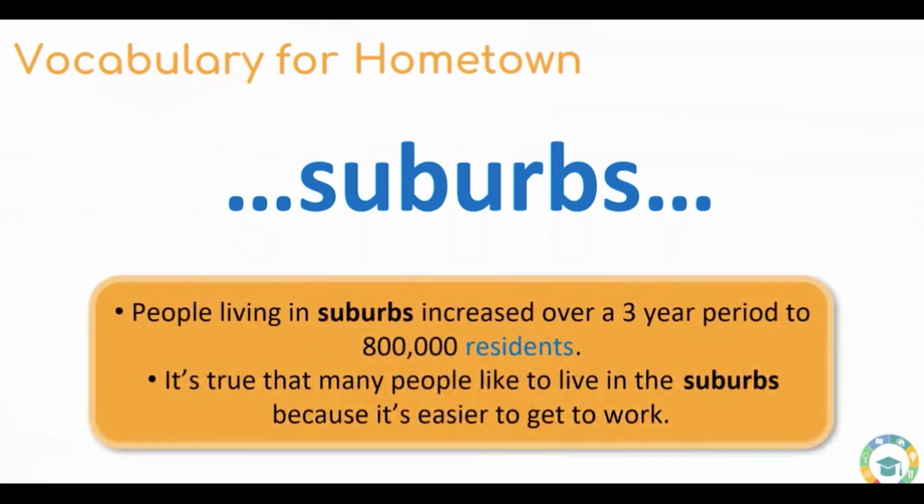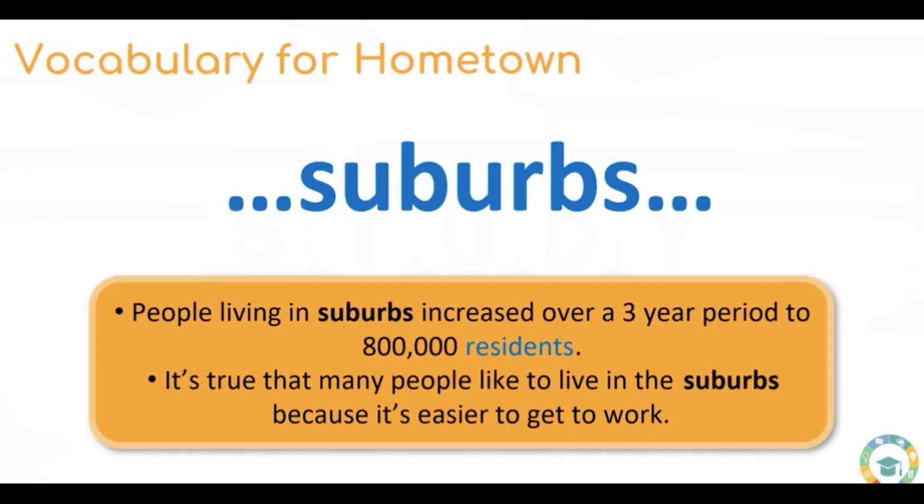Let's see the examples. People living in suburbs increased over a 3-year period to 800,000 residents. An example of IELTS writing sentence there. I've highlighted in blue the noun residents, and we can use this word to describe people who are living in an area.